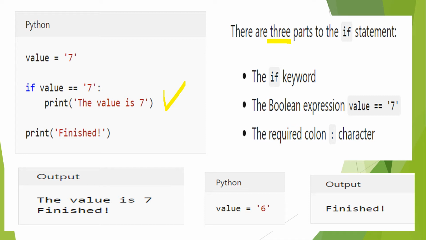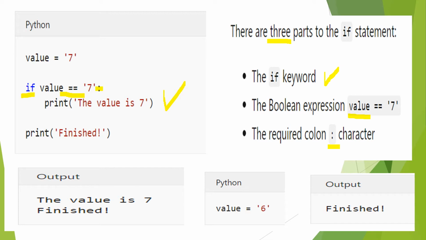We have the if keyword here. We have the Boolean expression, in our example, value equals 7. And then we have the required colon character here.